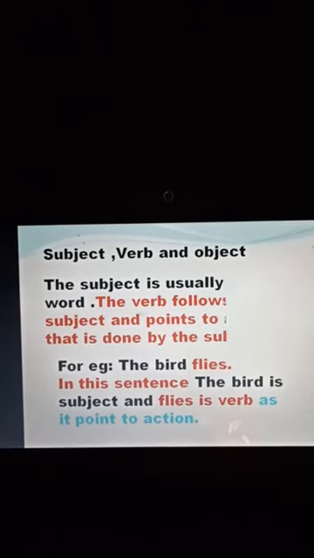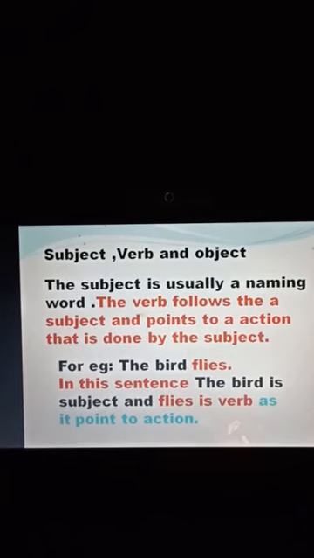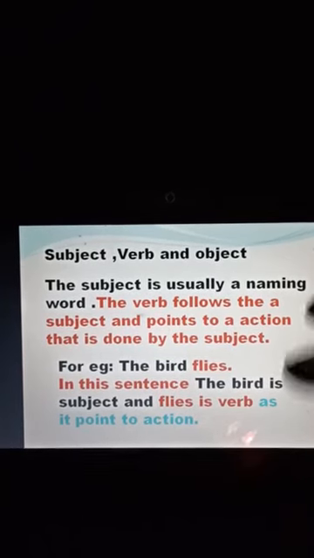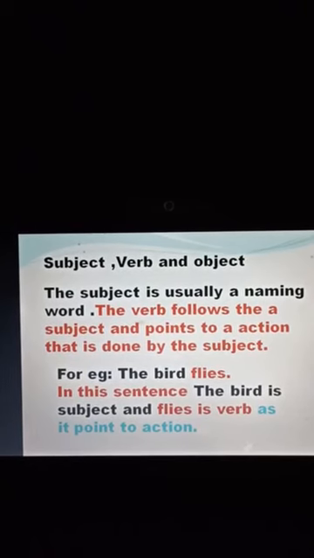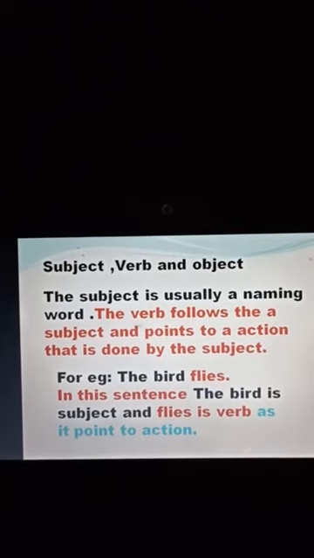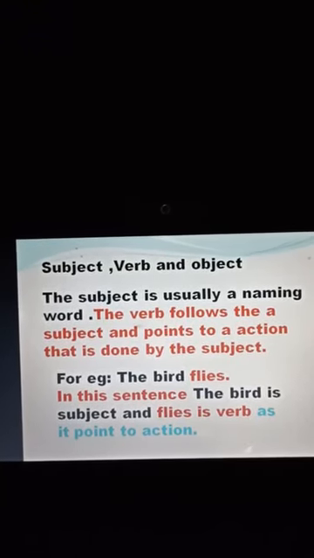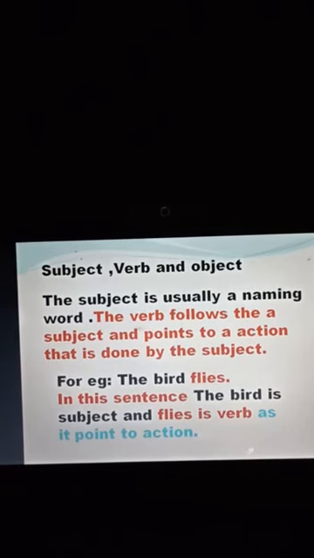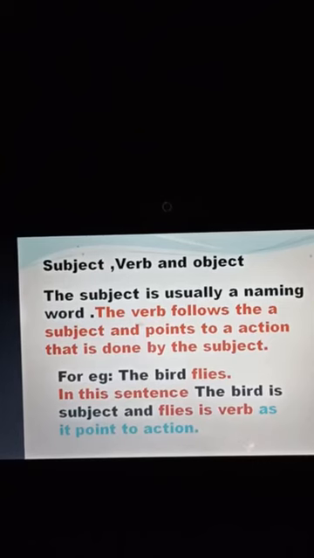The subject is usually a naming word. In the previous classes, you came to know about the naming words, which are basically nouns. So the subject is basically a noun, and the verb follows the subject and points to the action that is done by the subject.